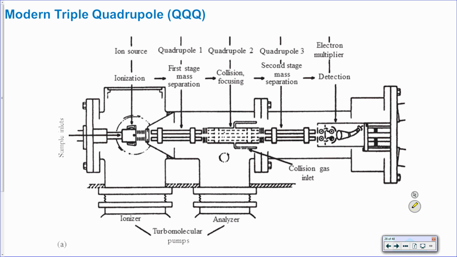So just in terms of a picture of what this is going to look like, you've got the first quadrupole that gives you your first mass separation. Quadrupole 2 is what's called the collision or focusing cell. There's typically a collision gas, a heavy gas that you introduce in here for the ions to run into. And sometimes you don't even need to introduce that gas. These ions are not stable enough, so they naturally decompose or decay.